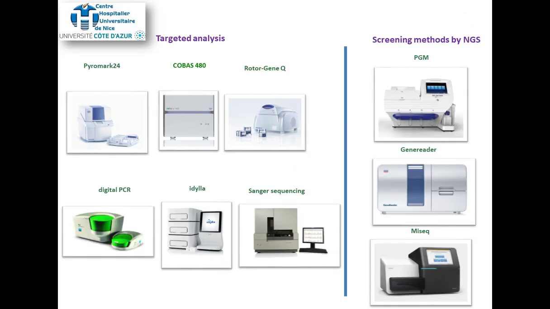As shown on this slide, for targeted analysis, different devices can be used with different sensitivity and efficiency, allowing us to get the results with different turnaround times. For panel sequencing, different NGS sequencing systems can be used routinely from different companies, such as the MiSeq from Illumina, the PGM Ion Torrent, and now the S5 from Thermo, and finally, the GeneReader sequencing system from QIAGEN.